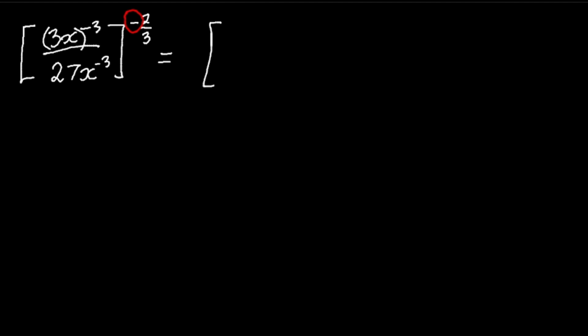So what do I mean? I mean that at the numerator we are going to be having 27x to the power of negative 3 all over 3x to the power of negative 3. And then that negative 2 over 3 is going to be positive now. It's positive 2 over 3.